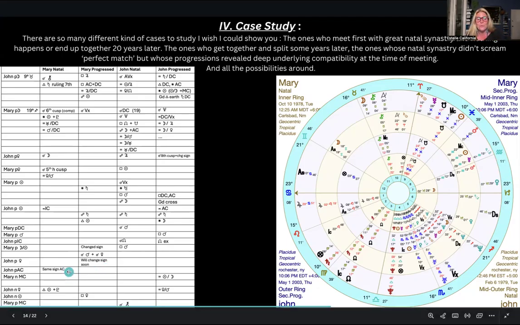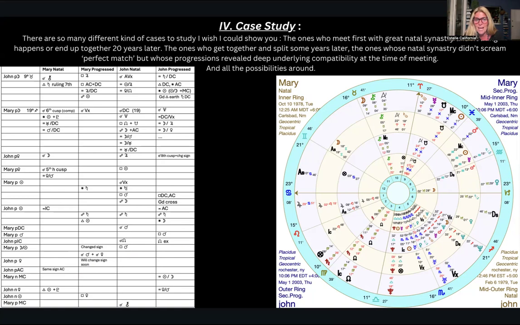That's beautiful too, the progressed AC, because often I know for myself, for example, I am rising Leo, so my DC is Aquarius, and I was always wondering why my current partner is a rising Capricorn. He has nothing Aquarius, right? But actually, when I met him, his progressed rising was Aquarius.